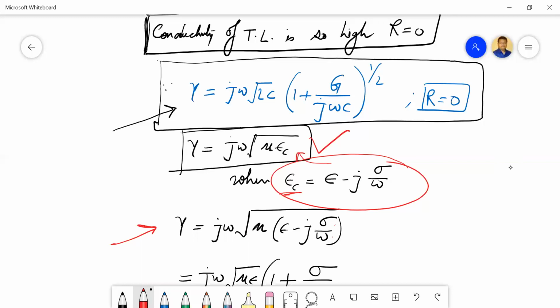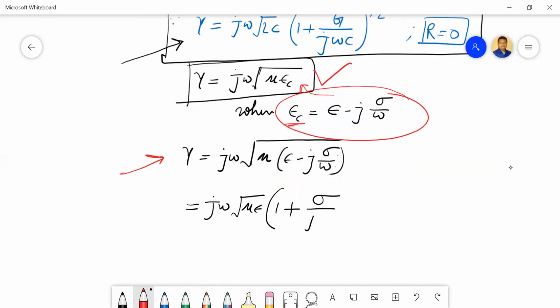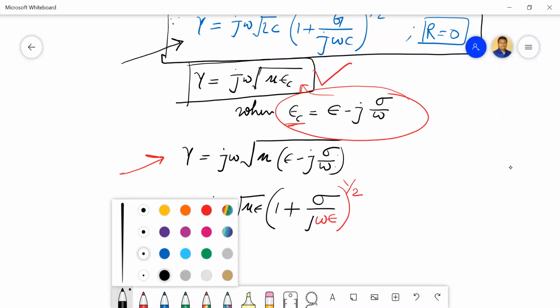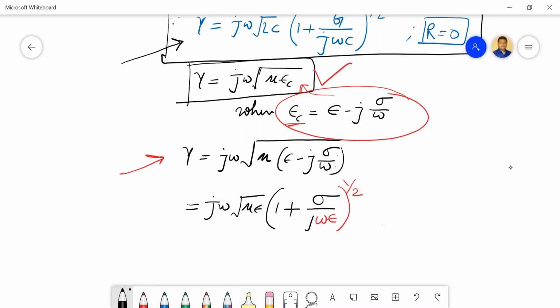Fine. Now let us rearrange the above form in this way: gamma is equal to j omega under root mu epsilon, 1 plus sigma over j omega epsilon, to the power half.